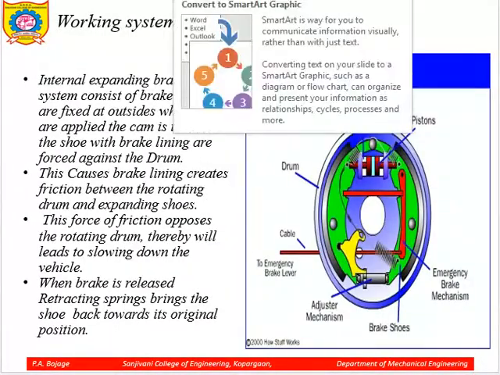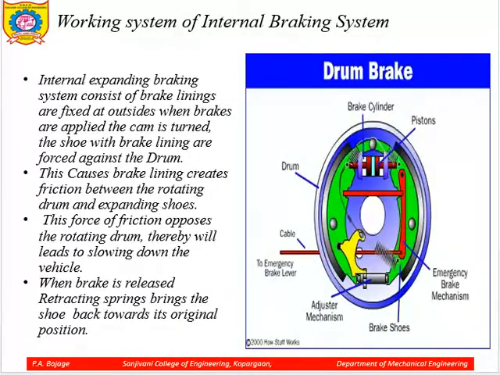Now, how does the internal expanding brake work? In this diagram, you can clearly see the brake shoes. There are two brake shoes. Then you have the drum on which the shoes will come in contact when these brakes are actuated. Then you have this cable. Now, the cable can be present or it may not be present in many cases. This is the adjuster mechanism to adjust the shoes uniformly.